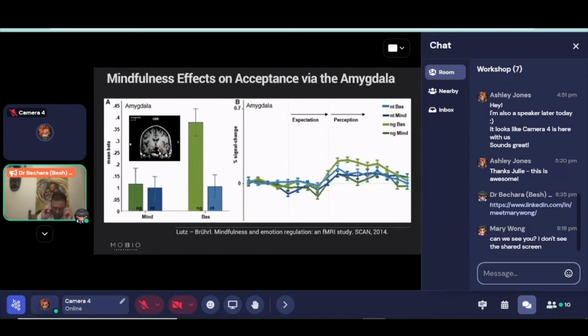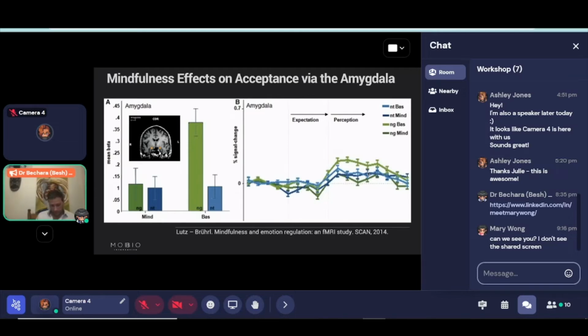And it has outputs that can control your responses. It has direct connections from the visual cortex that allow it to gain access to information even before you're consciously aware of it.